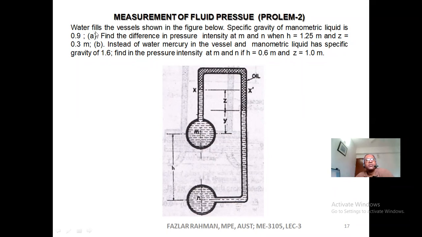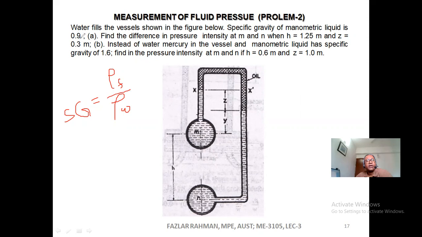So it's saying a water filled vessel shown in the figure below. Specific gravity of the liquid right over here. Rho is not given. They're giving specific gravity. What does specific gravity mean? Anyone? Specific gravity equal to rho of the fluid divided by rho water.